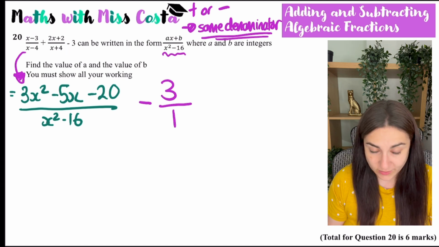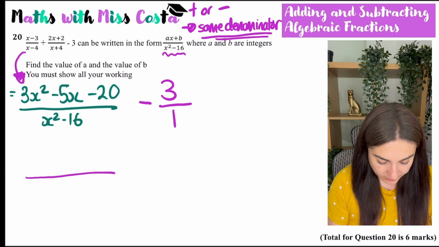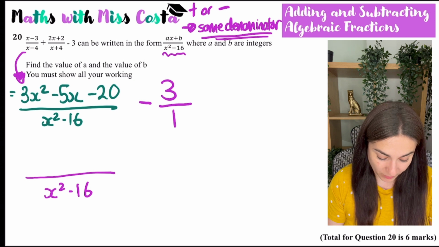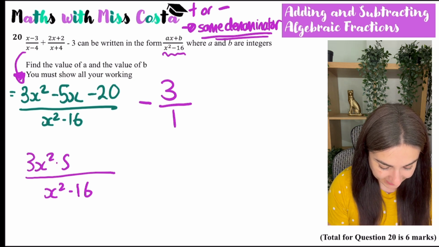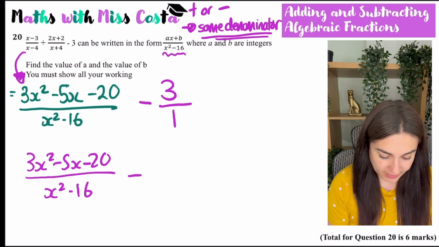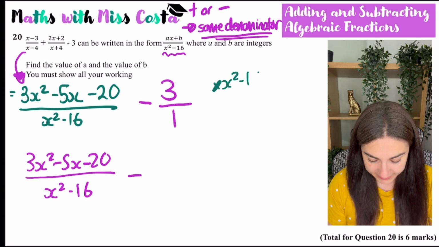But in order to add or subtract fractions, they need to have the same denominator. So because this is 1, and when I multiply anything by 1, it stays the same, this fraction is going to stay the same, because all I need to do is multiply this fraction by x squared minus 16 so that they have the same denominator.